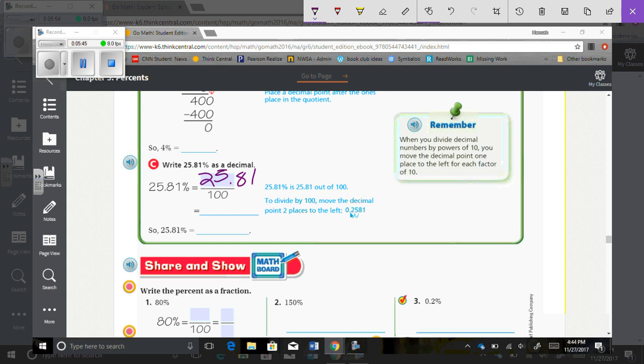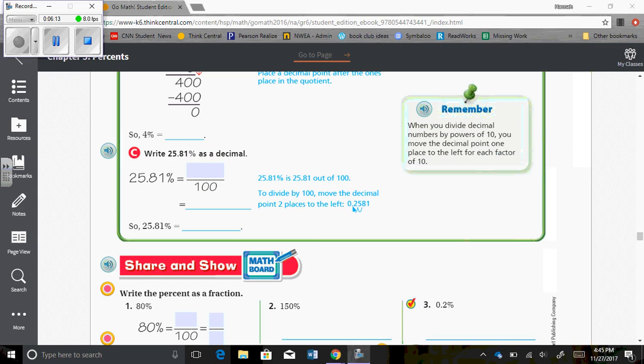To divide by 100, we just move the decimal point 2 places to the left, so 25 and 81 hundredths is now going to be written as 0.2581.